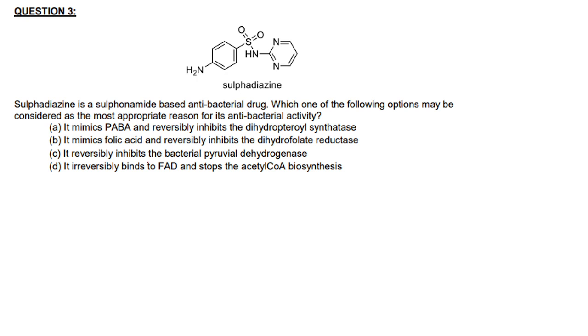It reversibly inhibits the bacterial pyruvate dehydrogenase. It irreversibly binds to FAD and stops acetyl coenzyme A synthesis. So which option is correct? Any one of you? Sir, it's a guess. I think option A. It mimics PABA and reversibly inhibits the dihydropteroate synthetase.